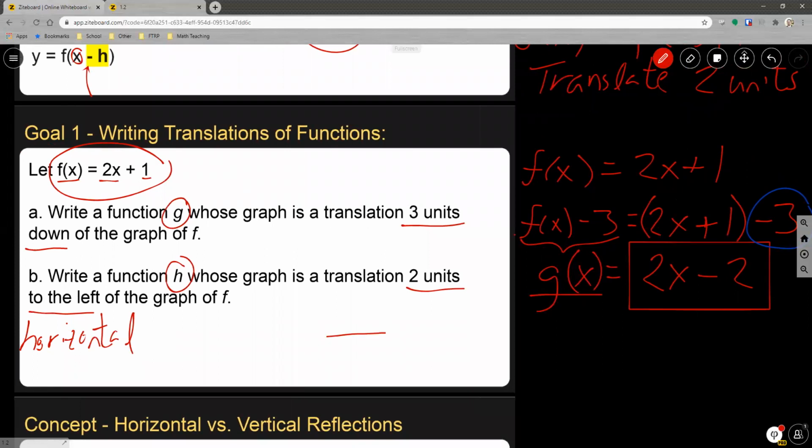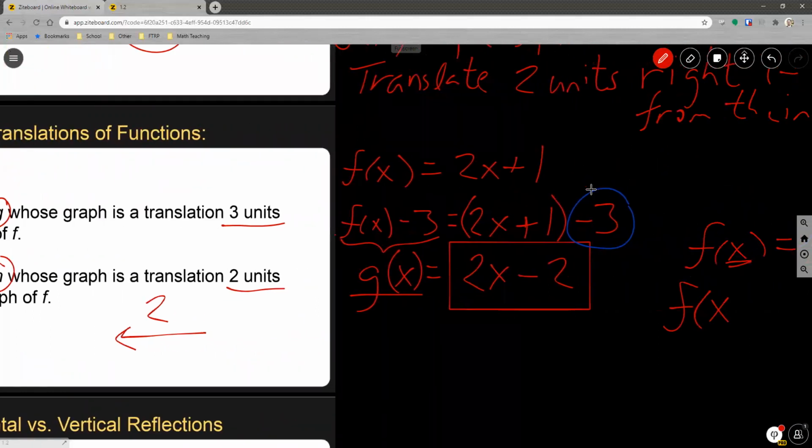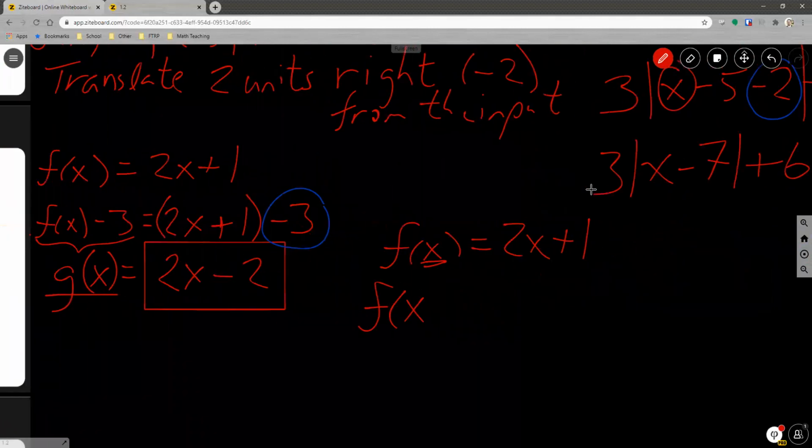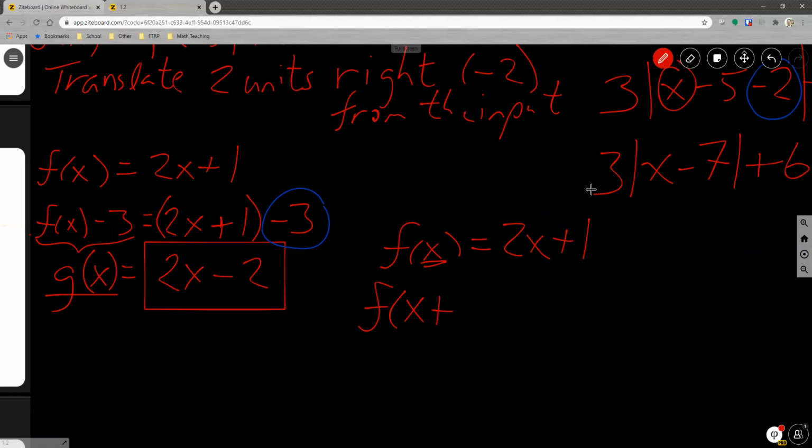That's a movement towards the negative direction on the x-axis. The opposite of negative is going to be positive, because remember, everything's backwards when we think about the x-axis. So I'm affecting my input by the value 2, and everywhere my input is, I'm going to have to modify it by the number 2.